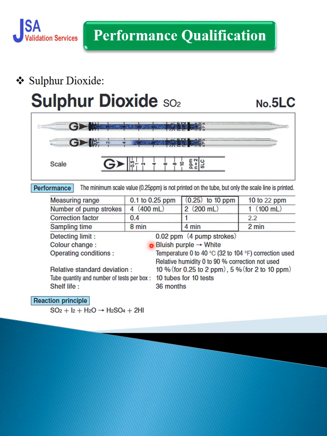It should not be more than 1 ppm, and the sampling time is 8 minutes. The color change is from bluish purple to white. You can see the bluish color change to white, and read the value up to where the color has changed.